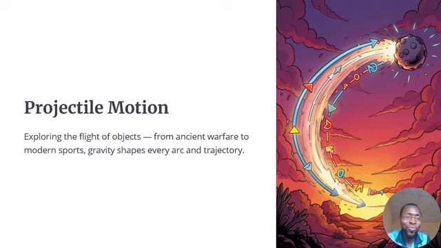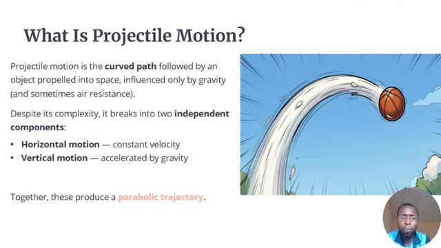So, let's dive in. We're going to start with what projectile motion is. Projectile motion is the curved path followed by an object propelled into space, influenced only by gravity and sometimes air resistance.